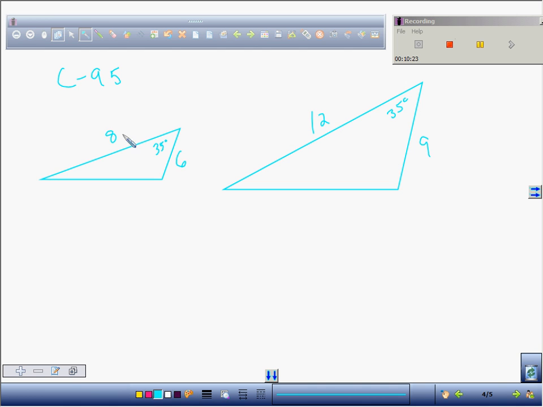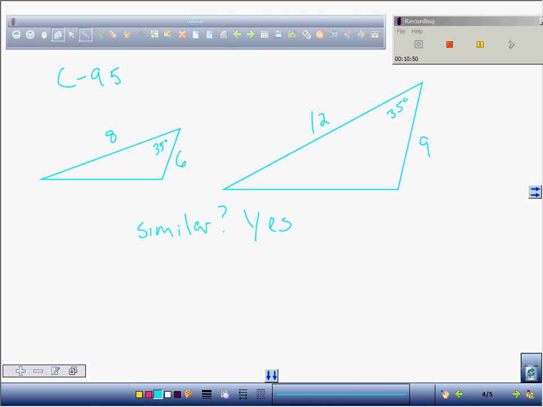Proportional? Yep. 8 is to 12, as 6 is to 9, right? It's like 1.5 times as big, right? And the included angle is congruent. So this angle cannot be down here. It has to be in between the two sides, okay? So similar, and you say yes. So that's all that is, because 8 is to 12, as 6 is to 9, and the angle in between them is the same.